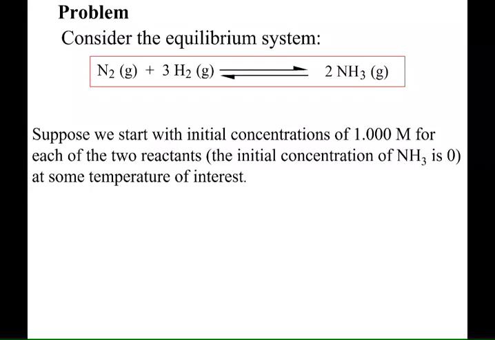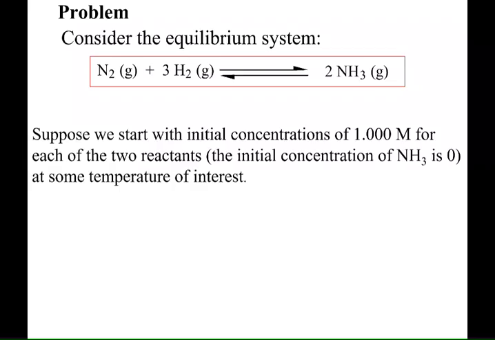Then I'm going to start putting stuff there. Suppose the initial concentration of both of the reactants is 1.000 molar. So that goes right there. It's like a table. The initial concentration of ammonia is 0.